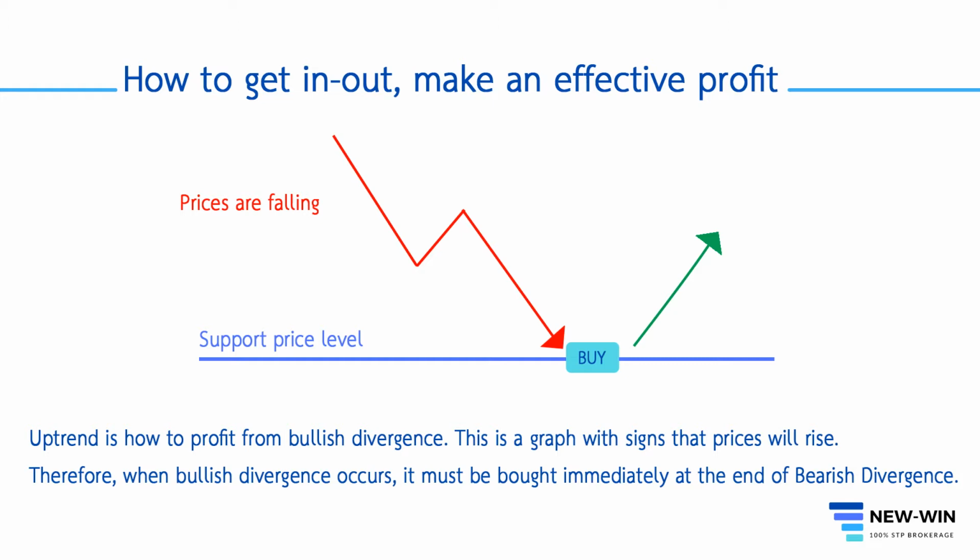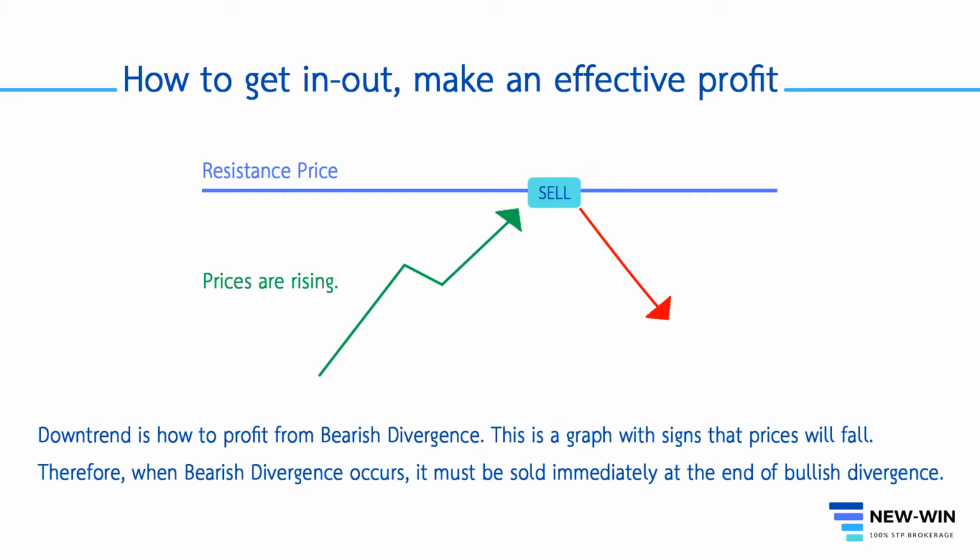From the pictures, it indicates an uptrend and what the uptrend is. Let's say uptrend is how to profit from bullish divergence. This is a graph with signs that price will rise. Therefore, when bullish divergence occurs, it must be bought immediately at the end of bearish divergence.